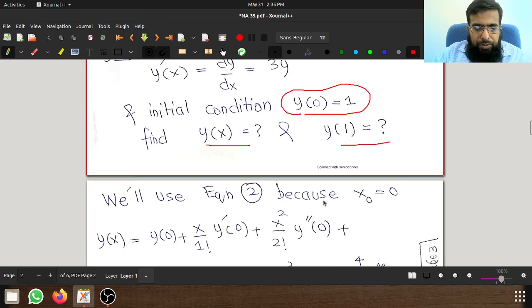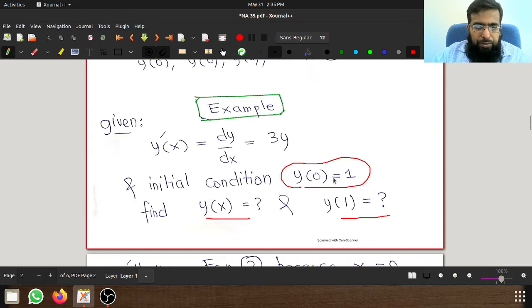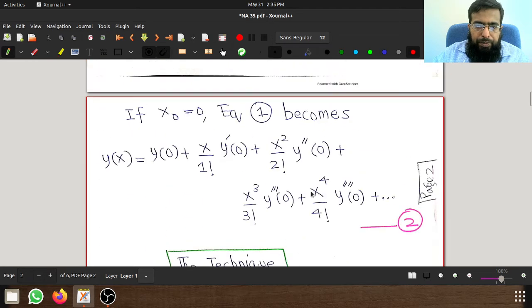We'll use equation number 2 because x naught is given to be 0 in this case. So we will be using equation number 2, the simpler equation.